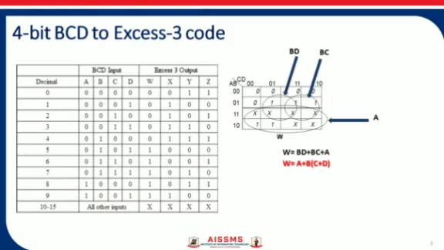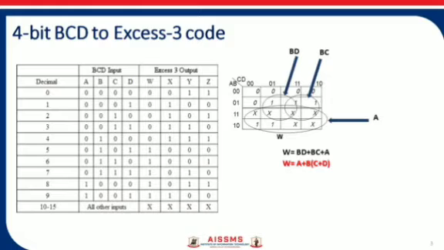In XS3, W, X, Y and Z are the bits. Out of that, Z will be the LSB and W will be the MSB. So to find the expression for the MSB W, we require the K-map.